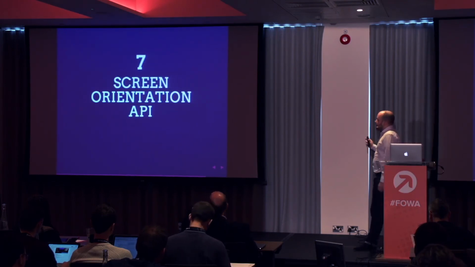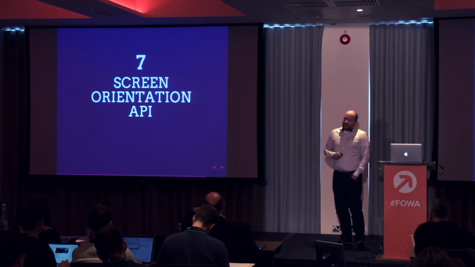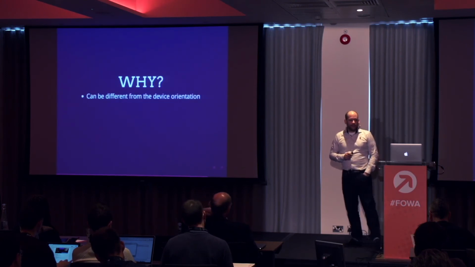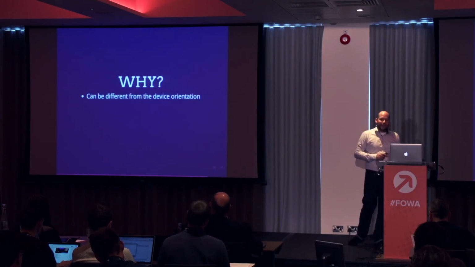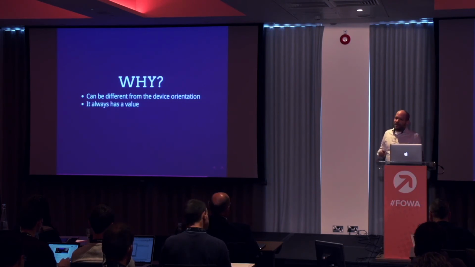Last but not least, I'm going to talk about the Screen Orientation API, which is different from the Device Orientation API, because the Screen Orientation API just tells you if your device or your screen is in landscape or portrait mode, and it always has a value.